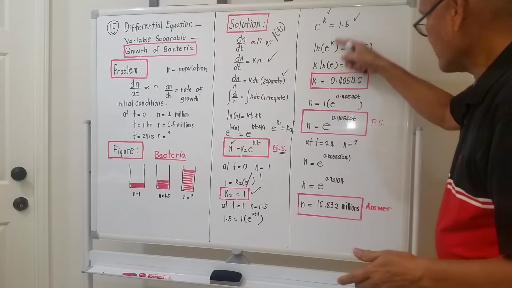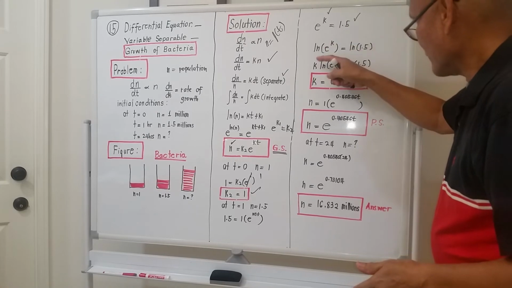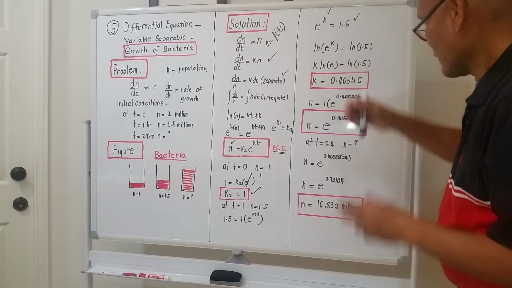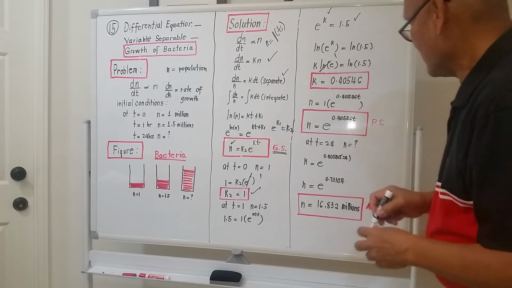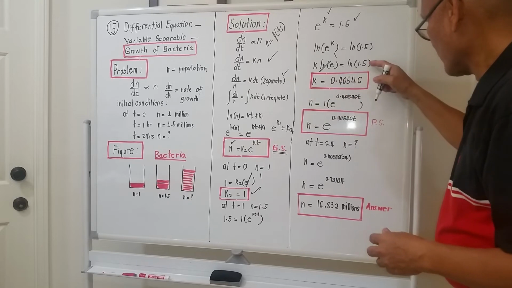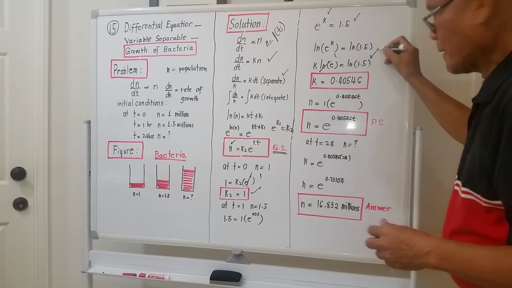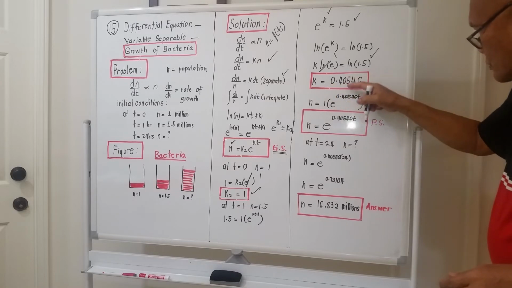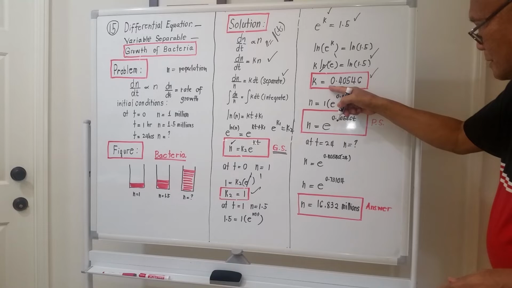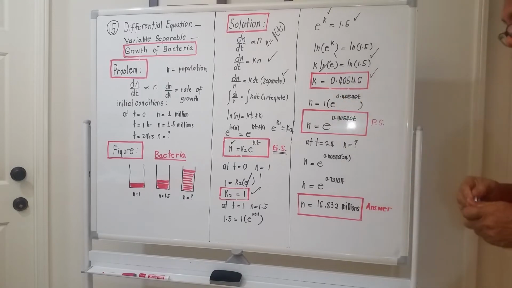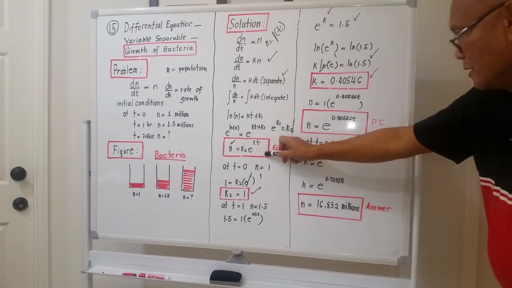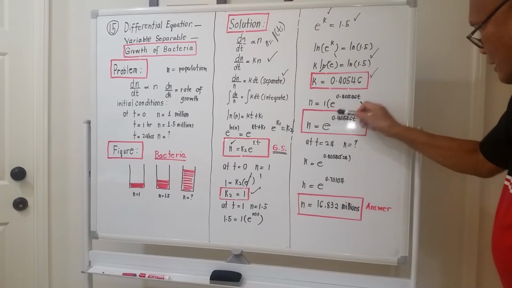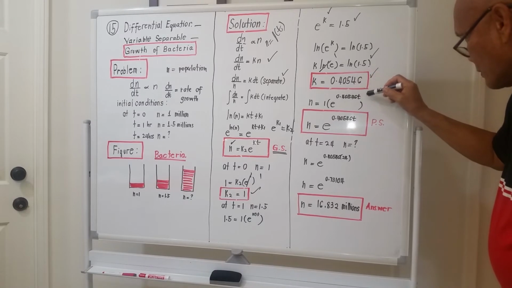Under the laws of logarithm, we bring down the k, times the natural logarithm of e, which is 1. Therefore k is the natural logarithm of 1.5. Since 1.5 is greater than 1, k is positive: 0.40546. Therefore n as a function of time, substituting values for k and k2, is 1 times e raised to 0.40546 times time.